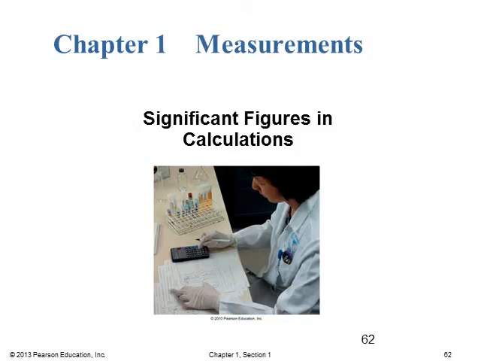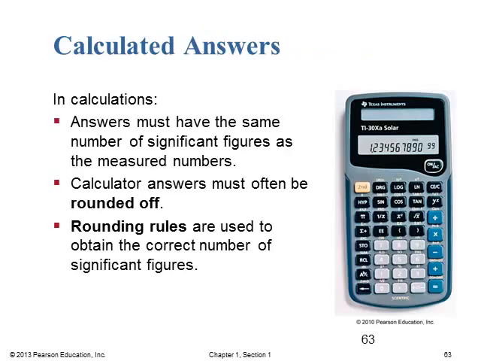So in this part of the chapter, we're going to go over how we can determine how many significant figures we're allowed to report in our final calculations. And so our answers, our calculations and our final numbers must have the correct number of significant figures we're allowed to report.